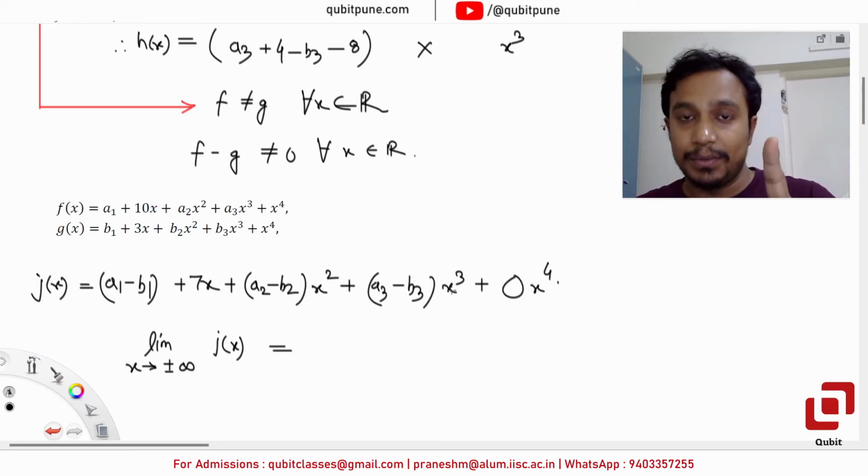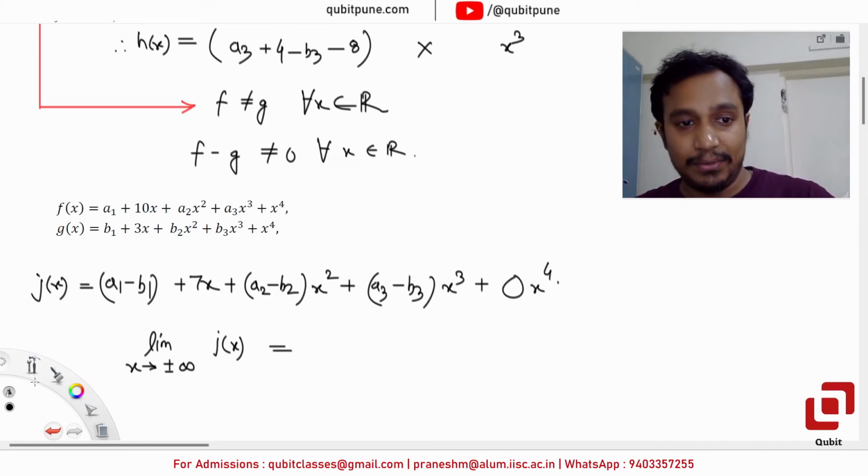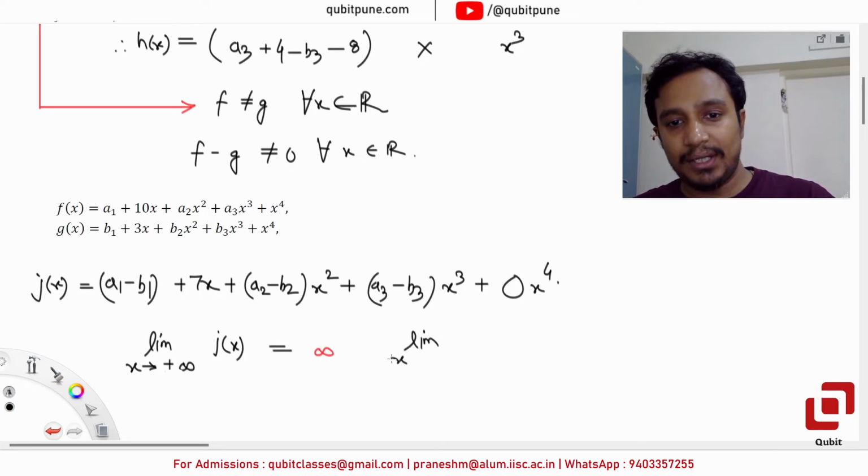बिकॉज ऑफ एक्स क्यूब यहाँ पे दो लिमिट्स आएंगे, ओके, हम क्लियरली लिखेंगे यहाँ पे. प्लस इन्फिनिटी के लिए अगर ये इन्फिनिटी आ रहा है तो माइनस इन्फिनिटी के लिए वो आएगा minus infinity. Got it?